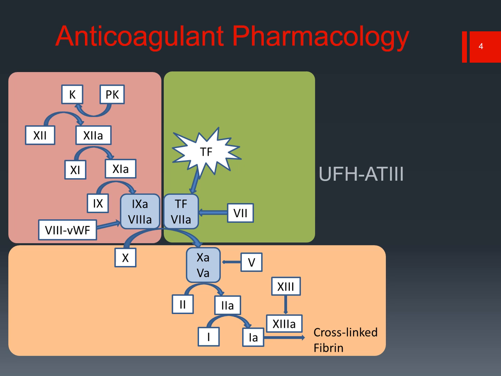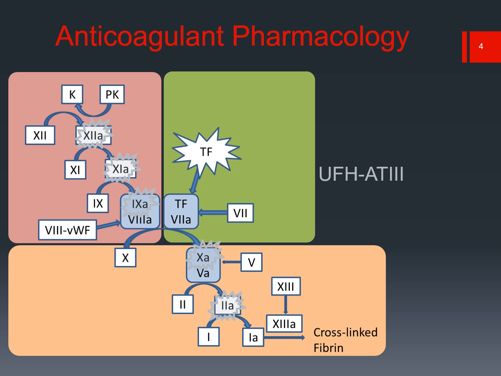Our unfractionated heparin, remember that all of our heparin products do require antithrombin 3 in order to potentiate the activity of the antithrombin 3 against specific factors. Unfractionated heparin has no preference, so it can block 10A and 2A equally. It's an equal opportunist. It can also affect the factors all the way up through the intrinsic cascade.